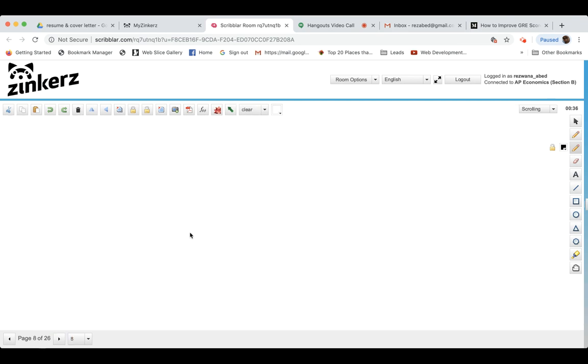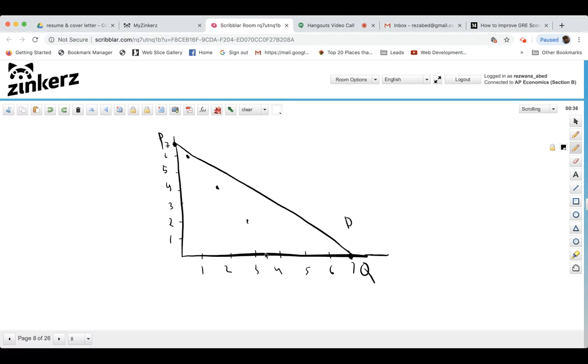So I'm going to do it like this. I know this is where it becomes 0, and from there on it's going to be a negative number. So this is your demand curve for the monopolist.